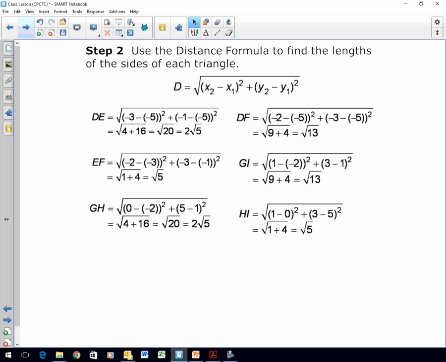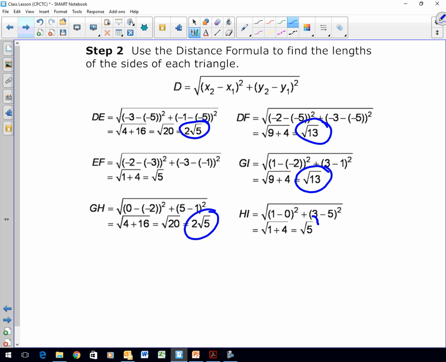How do we do side, side, side? We use our distance formula. Okay, you'll notice that DE and GH have the exact same measurement. DF and GI have the same measurement.